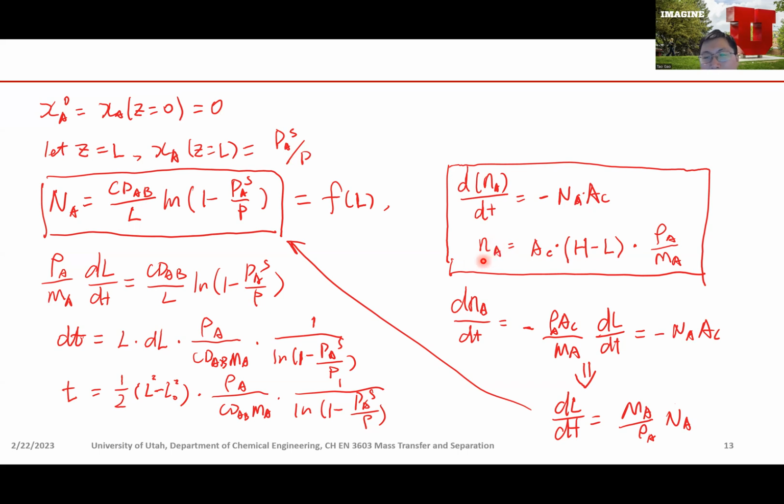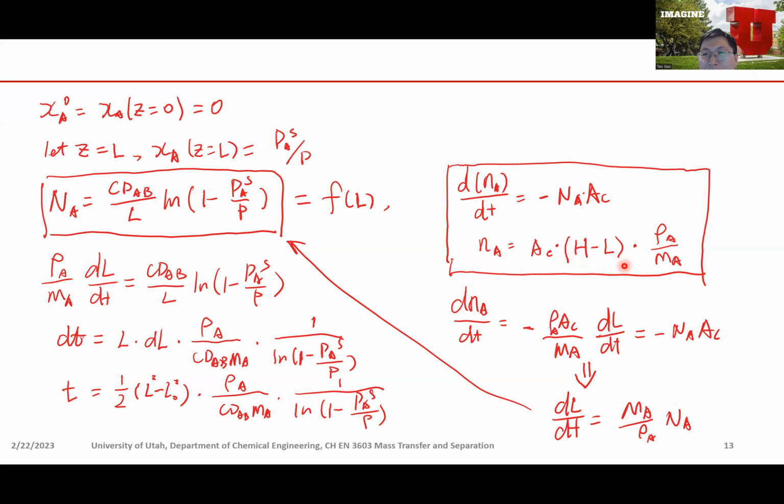The total volume of the liquid phase is the cross-sectional area of the cup or beaker multiplied by the height of the liquid phase, which is the total height of the cup or beaker minus the distance from the mouth of the beaker to the air-water interface.